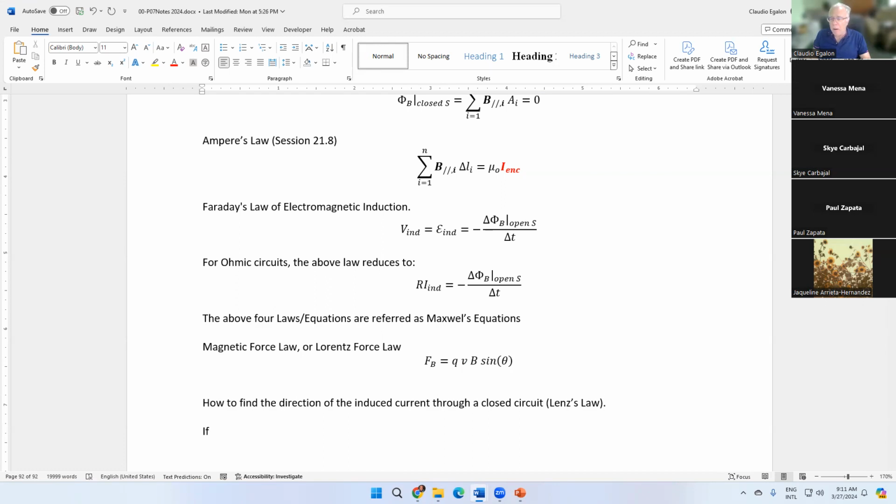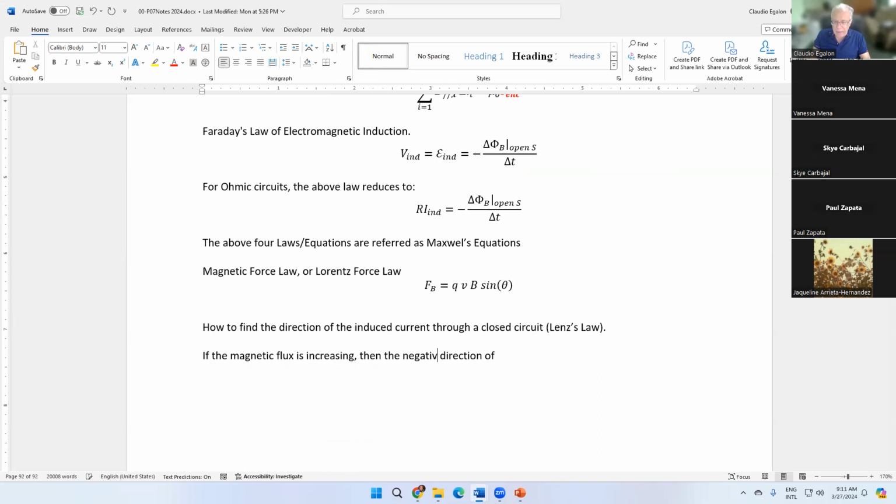If the magnetic flux is increasing, then the negative sign of the equation states that the direction of the current in the induced circuit will be contrary to the magnetic field. That's how you find out the direction of the induced current.